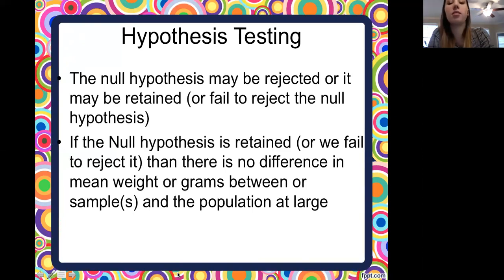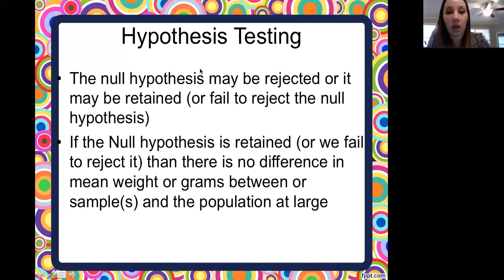The null hypothesis may be rejected or it may be retained. So like I was saying earlier, we can either retain our null hypothesis or we can reject it. If the null hypothesis is retained, or another way of saying that is we fail to reject the null hypothesis, there is no difference in the mean weight in grams between the sample and the population at large.